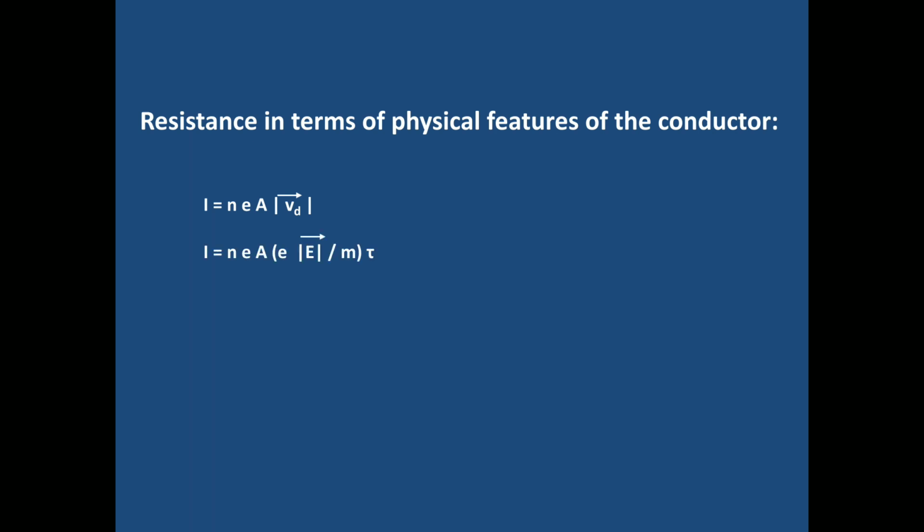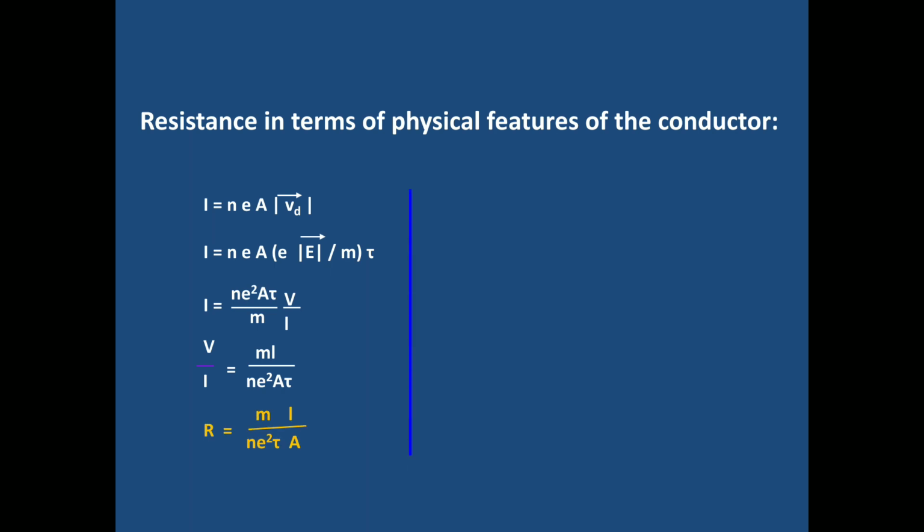We can rewrite this expression by replacing drift velocity by eE by m times tau, where tau is the relaxation time. We get the expression for current as n e square A tau V upon m l. And this V by I will be given by m l upon n e square A tau. This V by I is called resistance.